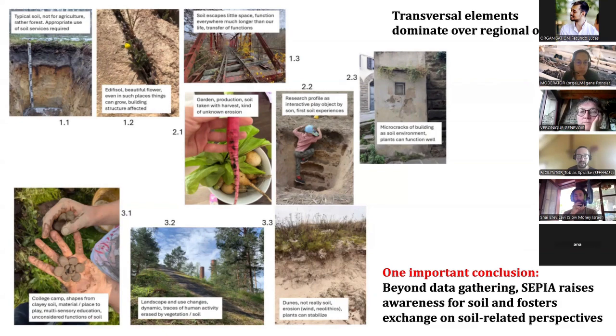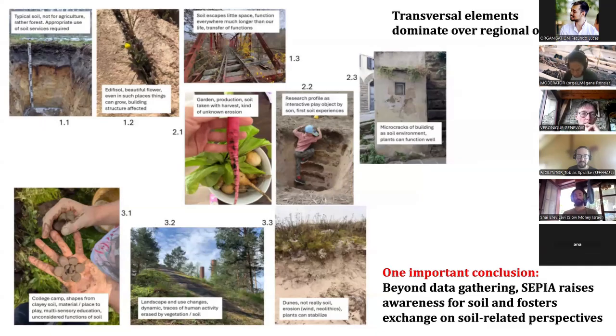In our research, we found out that it was not very easy to fulfill the idea of a regional mapping of soil perceptions, because the soil perceptions are rather transversal. Everyone sees soils related to a different function, sees soil in a city, and very few people, like soil scientists, have a deeper idea about soil variation across different landscapes.